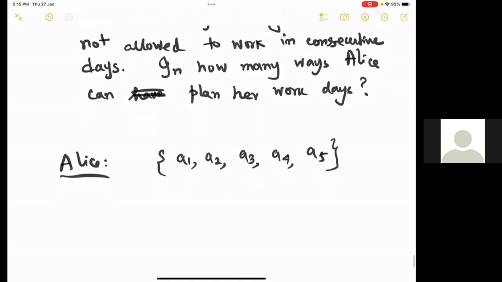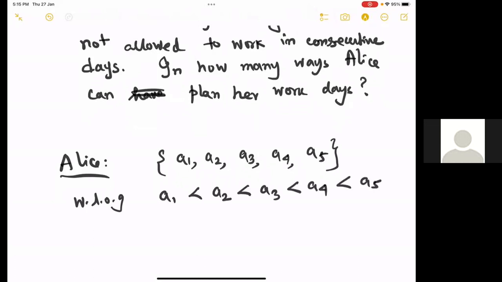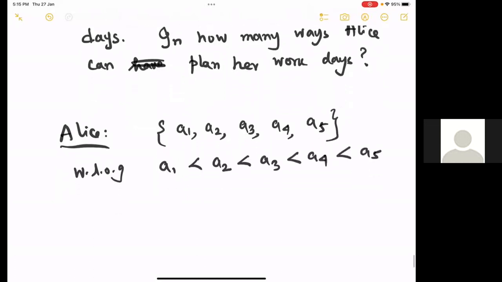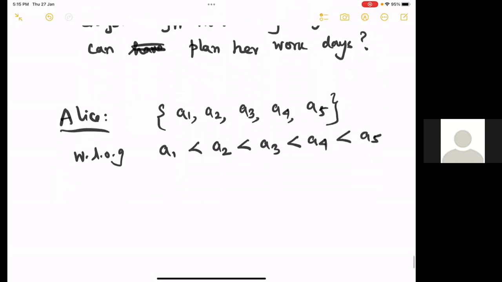Let us assume that this is the increasing order. So what is the requirement?